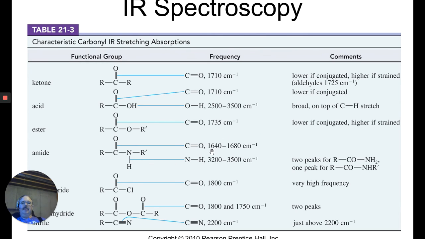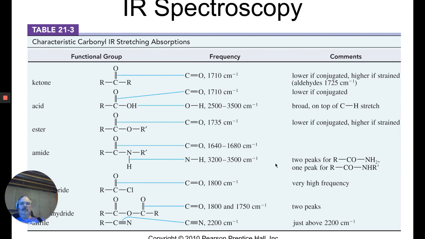Okay, amides will be significantly lower for the carbonyl stretch. And this is because of resonance, the CO bond has a lot of single bond character. If we have NH bonds, then we'll also see additional peaks, 2 peaks for an NH2, 1 peak for an NHR. And of course, no peaks between 3200 and 3500 for a tertiary amide.